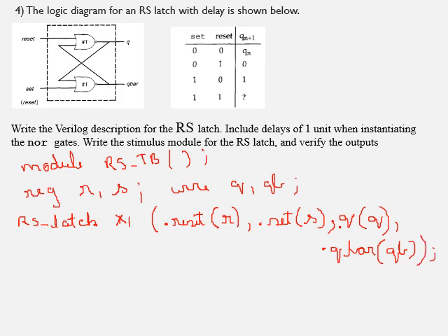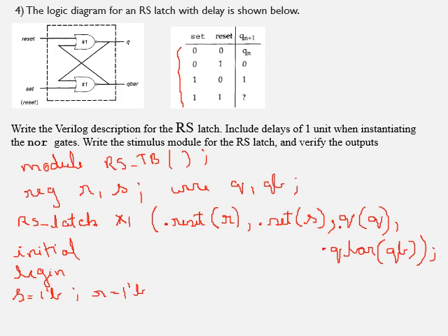Okay. Now to apply the inputs, you have to apply all these 4 combinations. Okay. So initial, begin, we'll start with say S equal to 0, R equal to 0. Rather than using 0 0 initially as per the truth table, it is always better to get the latch to a predefined state.